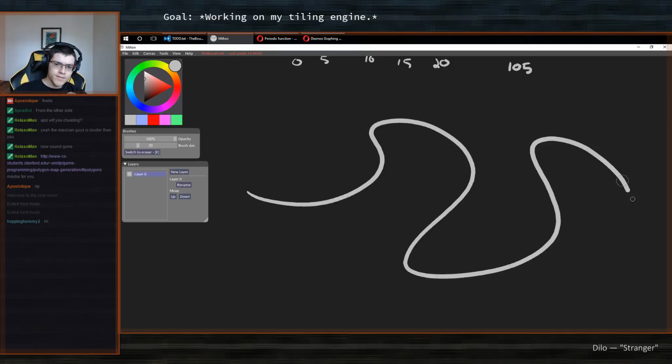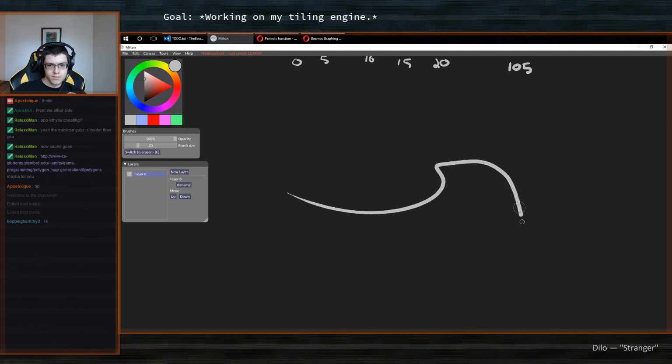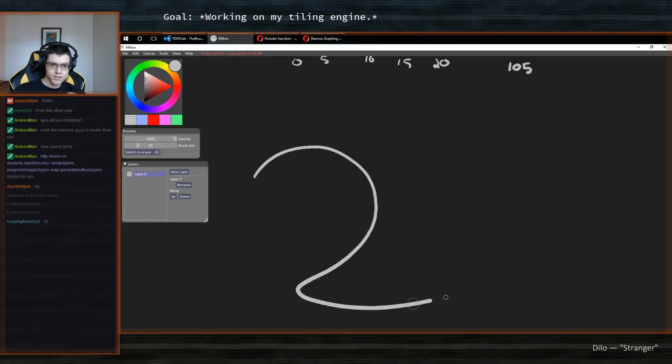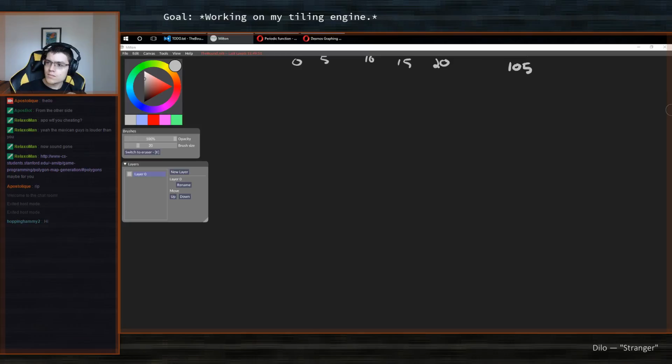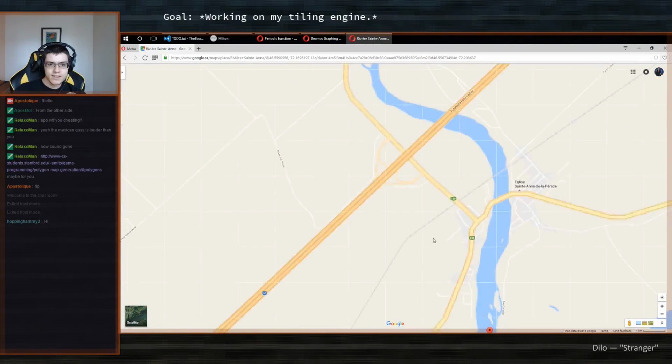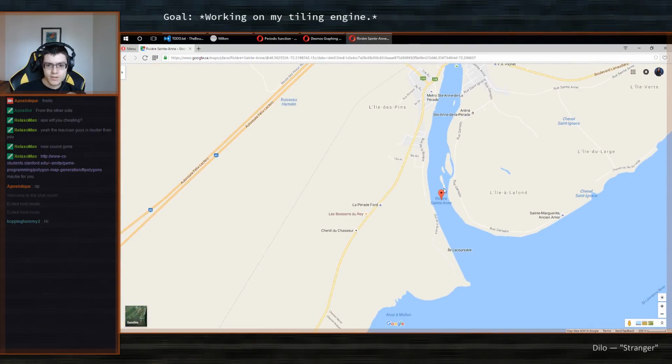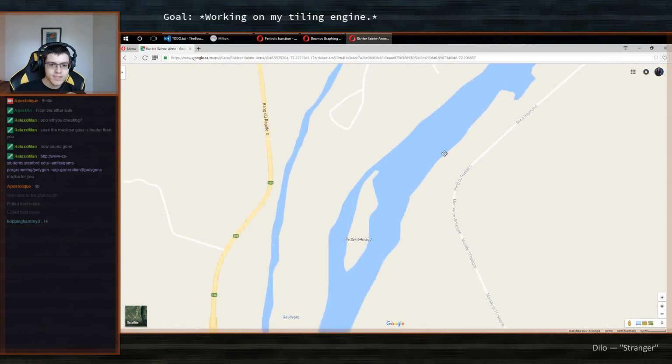Like, do I want this to be a valid river? Or something like that? Let's look at this. There's this river. And this is how it looks like.